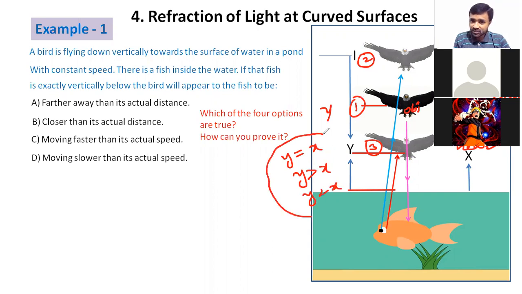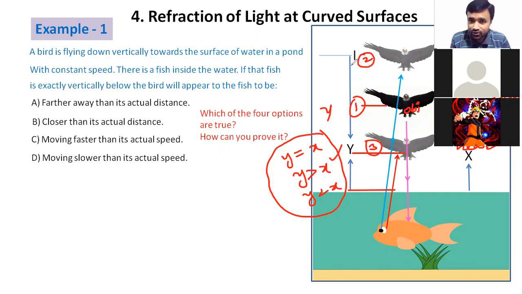By satisfying any condition, I'll conclude that our image may be exactly at the original position, or far, or nearer. So I have to prove which of these three it is by finding the y value and comparing it with x. With this, you will get clarity.